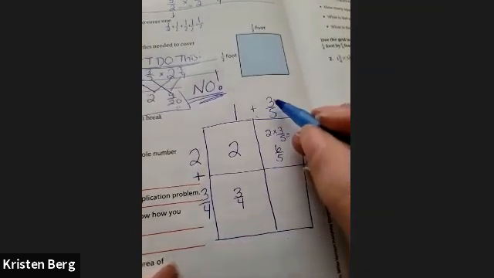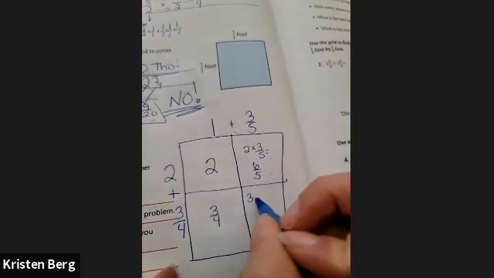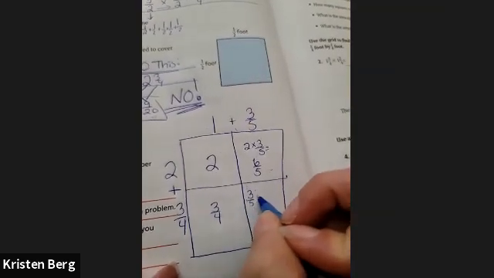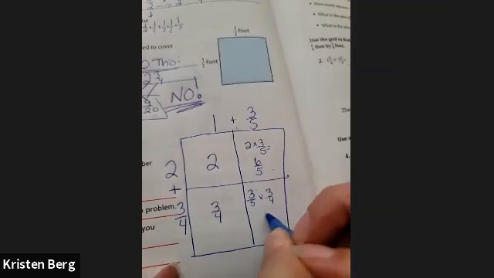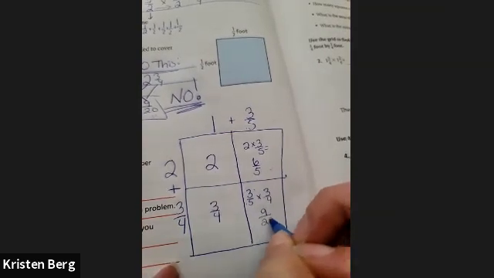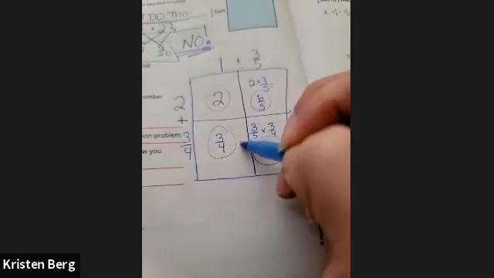And then here, 3/5 times 3/4, well, this one would be 9/20. So once you have your answers to these, then you have to add all of these up, and then you would get your answer.